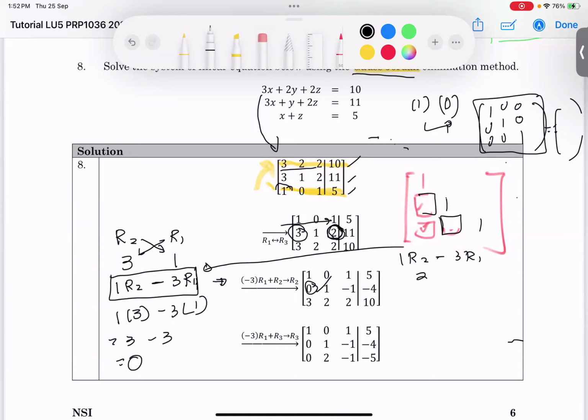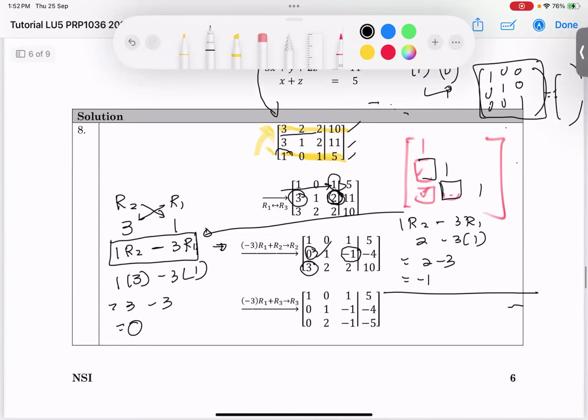This one is 2, and my R1 is 1. So 2 minus 3 becomes -1. Yay, this one becomes -1. I keep doing. How about this one, 3?